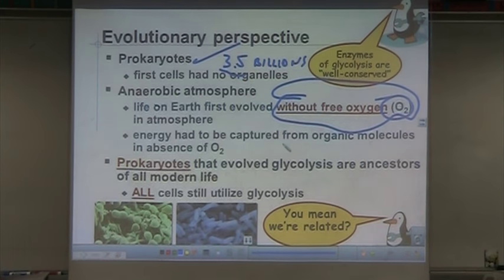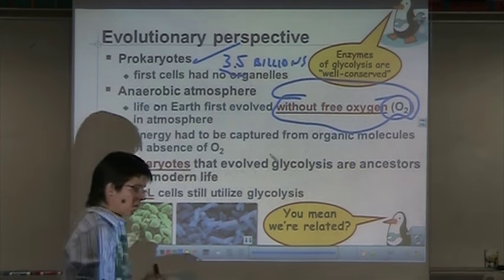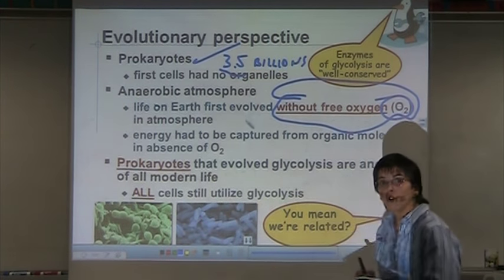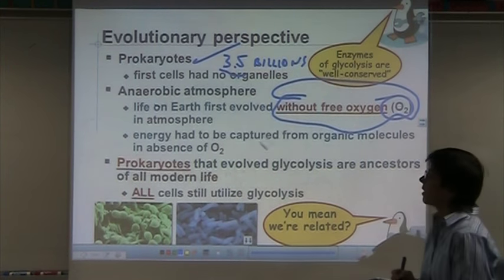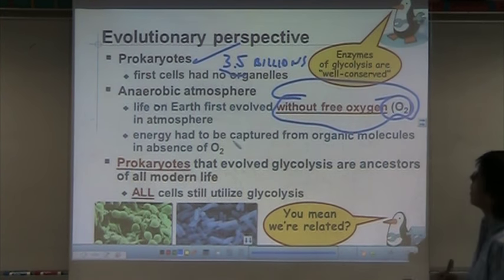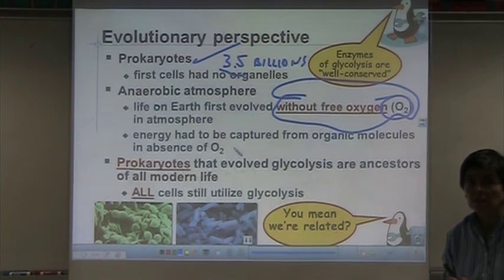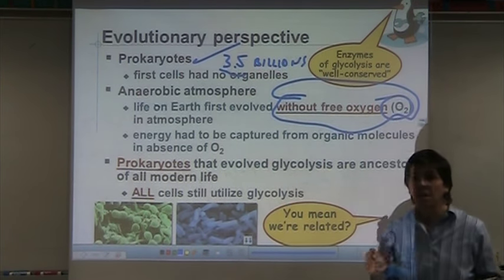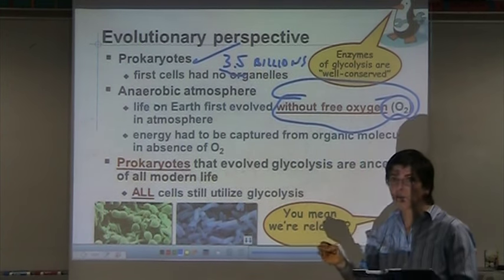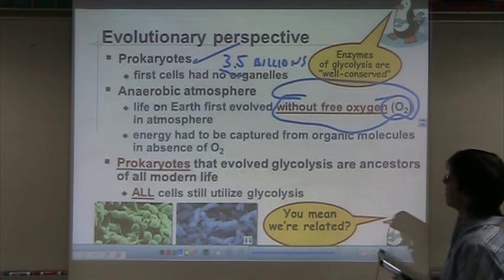So the only metabolic pathway that primitive organisms could use to release energy from any organic compound was glycolysis, because glycolysis does not require oxygen. This is fundamental, very important that you process and digest.